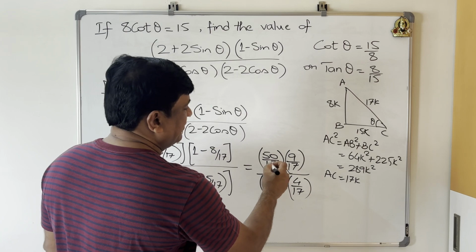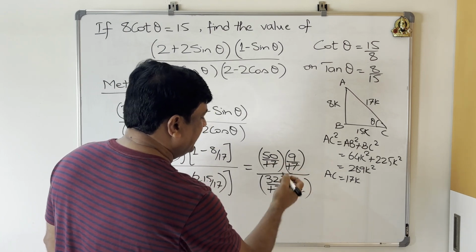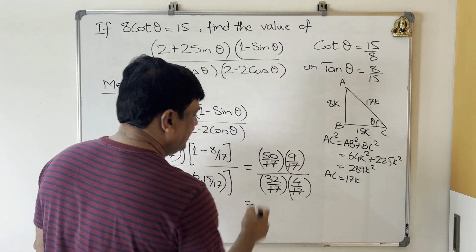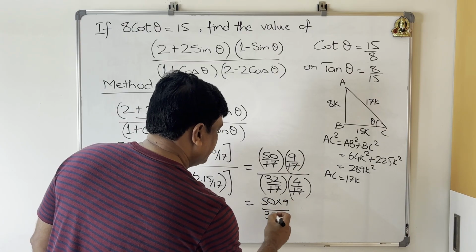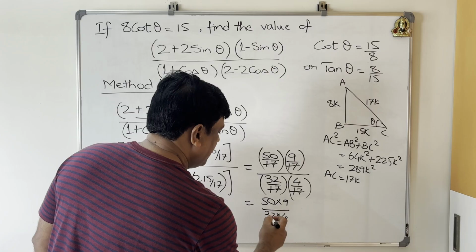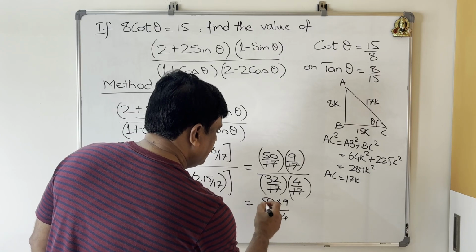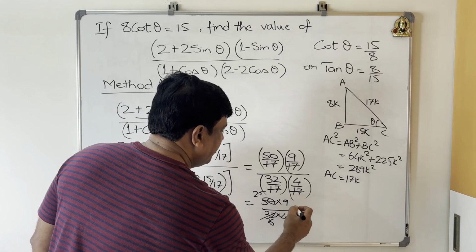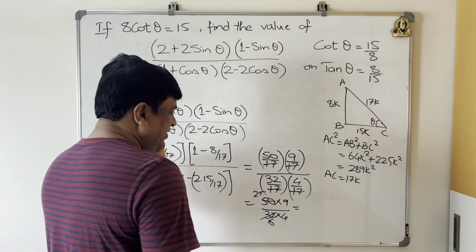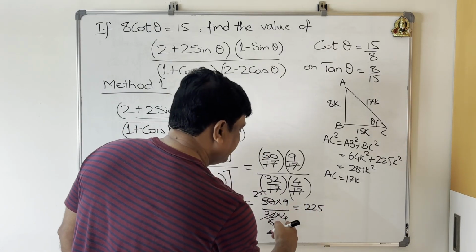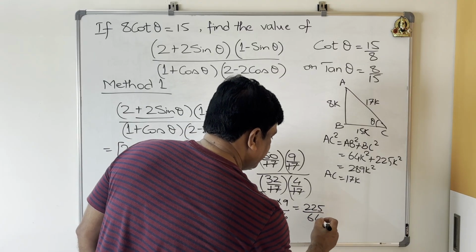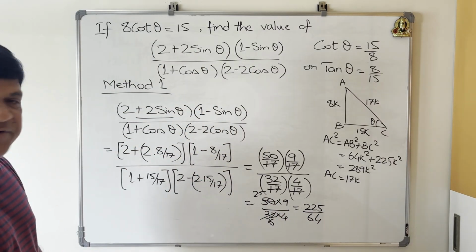So if you look at it, the denominator has 17 everywhere. So go ahead and cancel it. So you're left with 50 into 9 divided by 32 into 4, right? 25 into 9 will give you how much? 225, and 16 into 4 is 64. This is what the answer is for this particular expression, right?